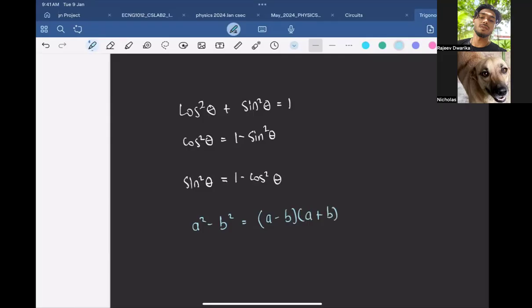Now, when we're looking at 1 minus sin squared theta, 1 squared is the same thing as 1, and sin squared theta means sin theta squared.